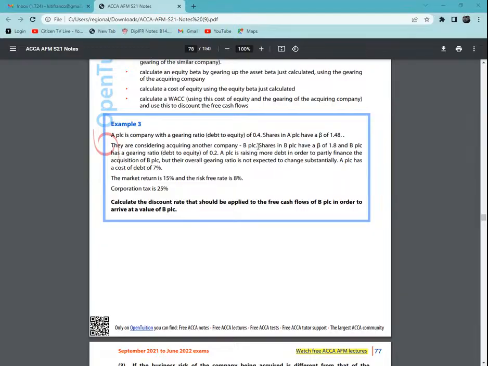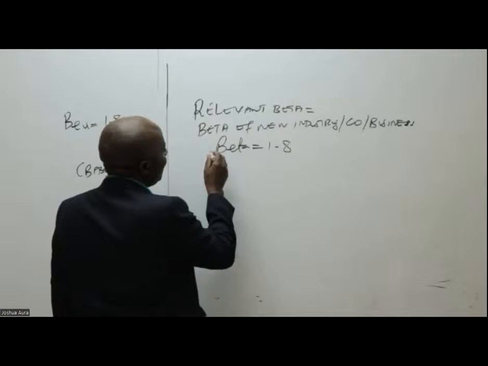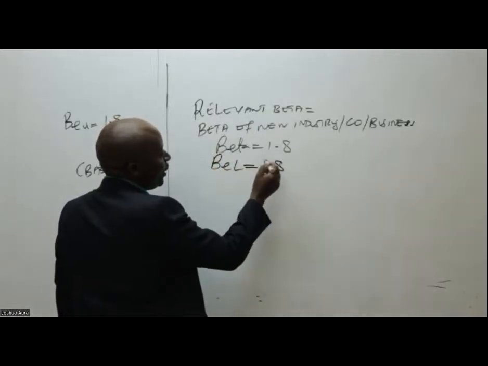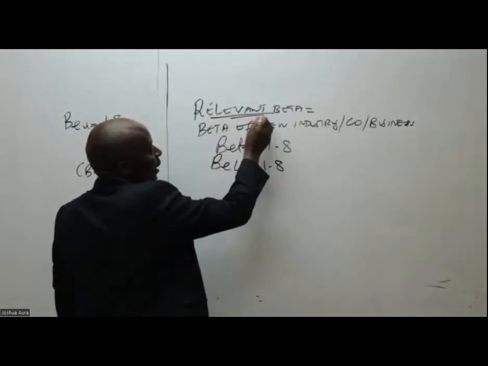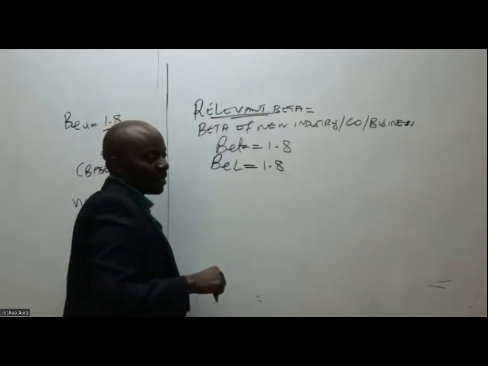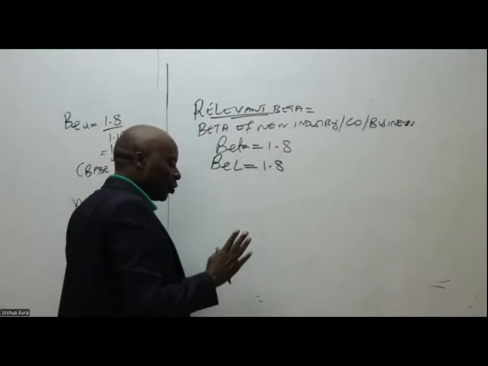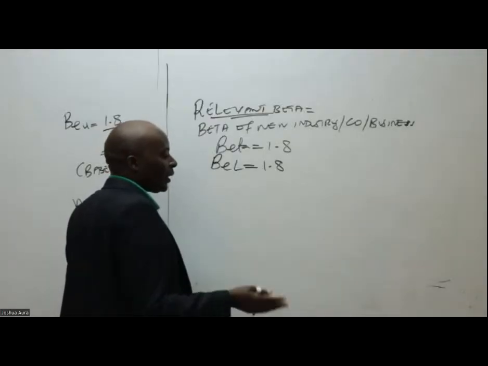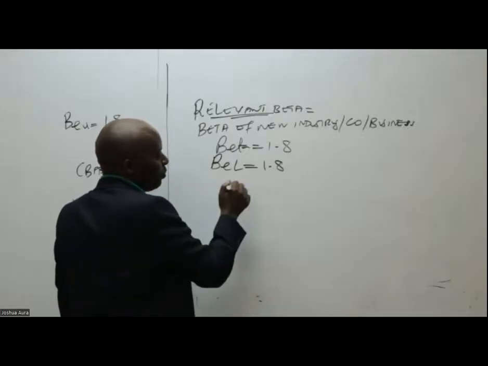If it's a levered firm, then I conclude that this beta is beta equity over a levered firm, which is 1.8. The concept is very easy: this relevant beta has to be ungeared. When this firm goes to the new industry, they'll decide later on to bring in debt and what percent. First of all, we know that this has to be changed to BEU.